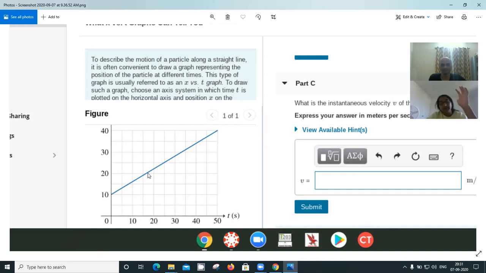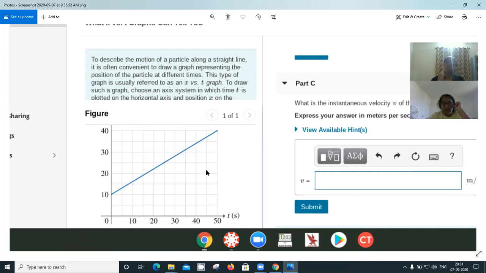But couldn't I just find the equation of the whole line and then put 10 in, and that would be my instantaneous velocity? The equation of the straight line will be x equal to 3 over 5 t plus 10.